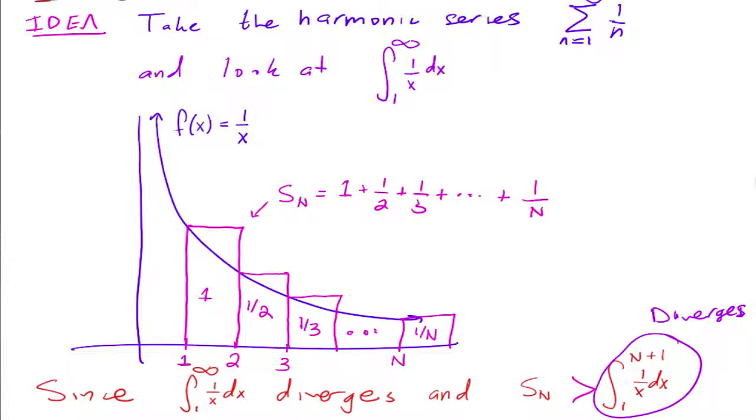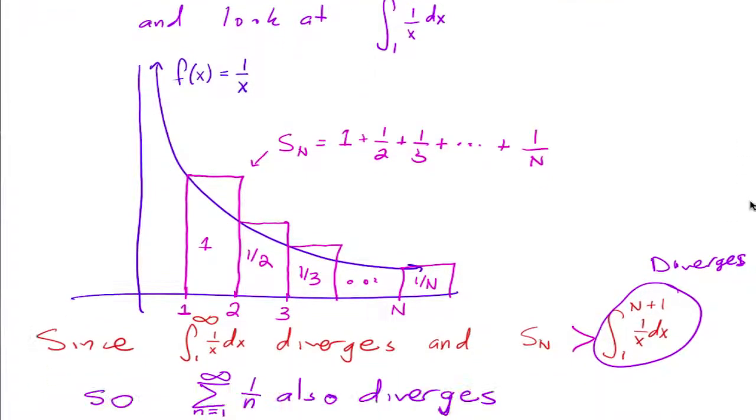And then we'll put it together in what's called the integral test. So let's do an example where it converges. Take the following series, very similar, except 1 over n squared.